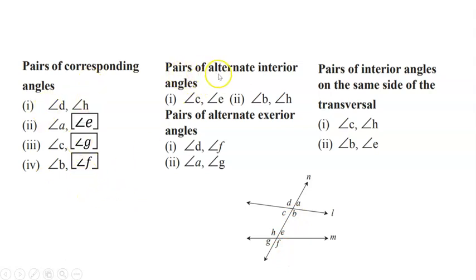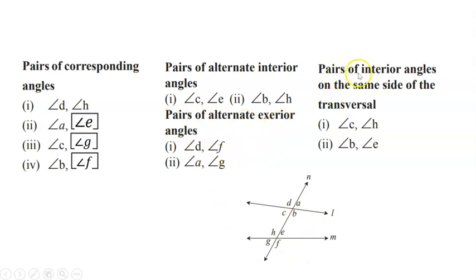Next, pairs of alternate interior angles. Angle C and angle E, these are the pairs of alternate interior angles. And angle B and angle H, this is the second pair. Next, pairs of alternate exterior angles: D and F, A and G. These are the pairs of alternate exterior angles.